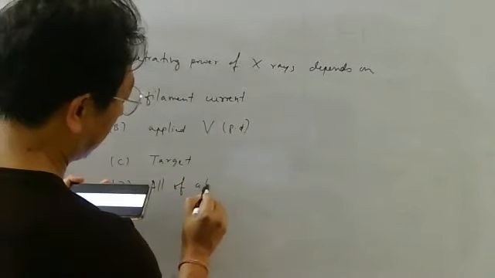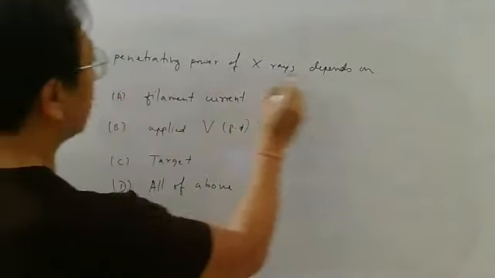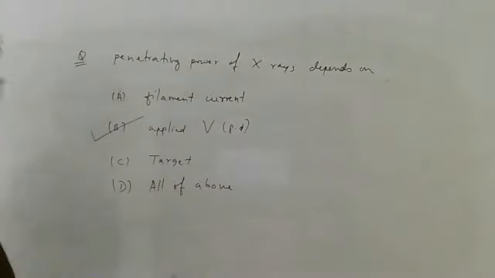This is the question, options A, B, and so on. What do you think? All of above? What do you think? Yeah. So the answer is penetrating power of X-rays depends only on applied voltage.